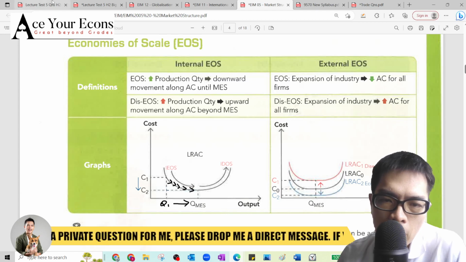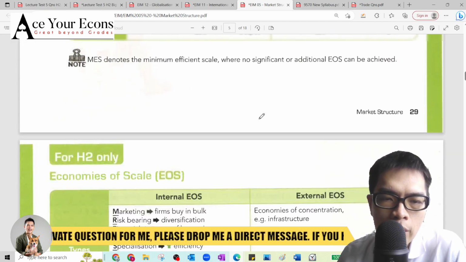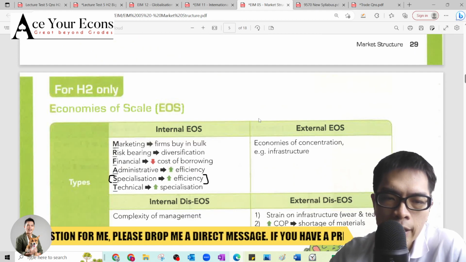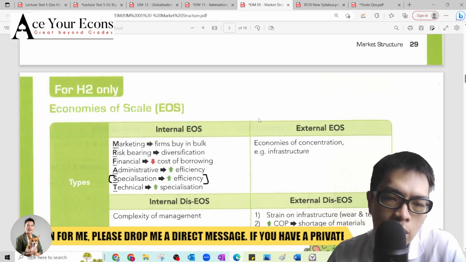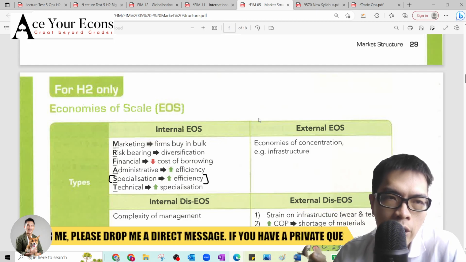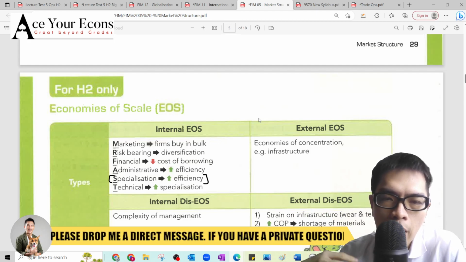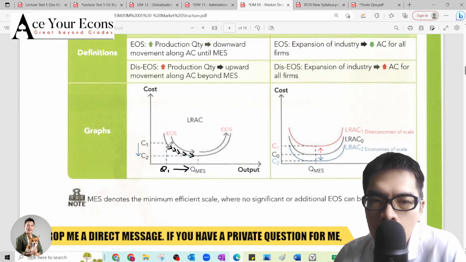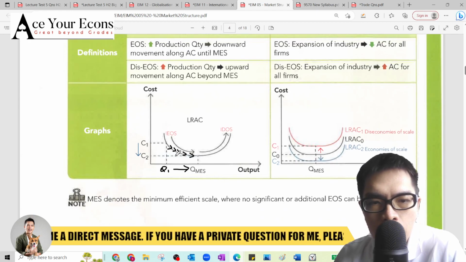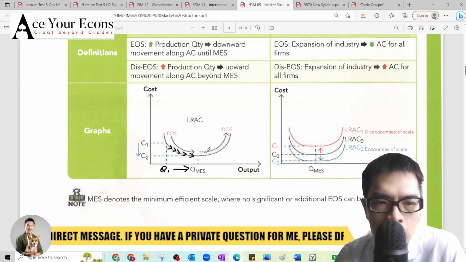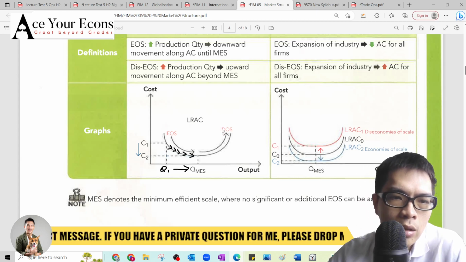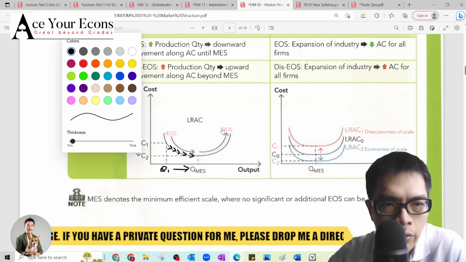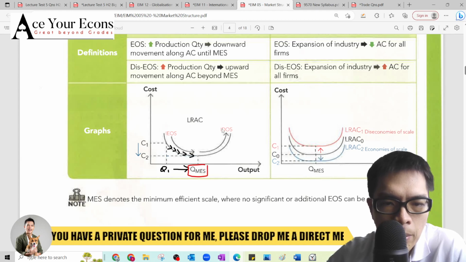So the concept that you probably want to focus on is specialization, because trade is mostly entirely about specialization. You specialize in a good that you have a CA in, and when you do that, you are going to inevitably enjoy cost saving. Then you can reap economies of scale. And what is the significance of reaping economies of scale? Important, this is the point that they want to focus on: minimum efficient scale.